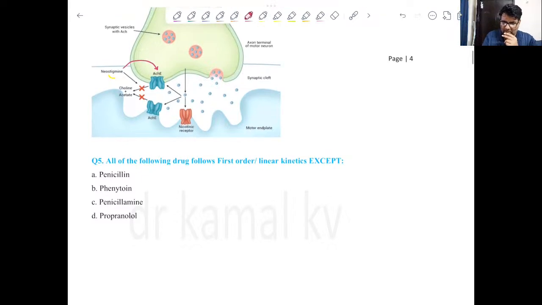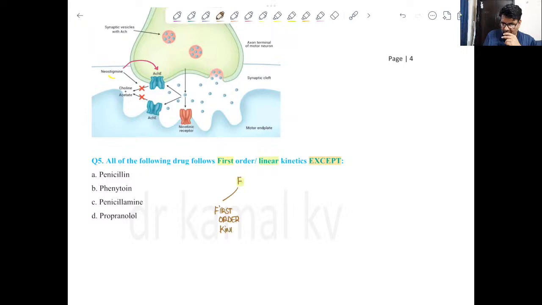Now the next question is about first order or linear kinetics. So all of the following drugs follow first order or linear kinetics except. Now for this you need to understand what first order kinetics is. Remember one alphabet, that is F. So F stands for first order kinetics.